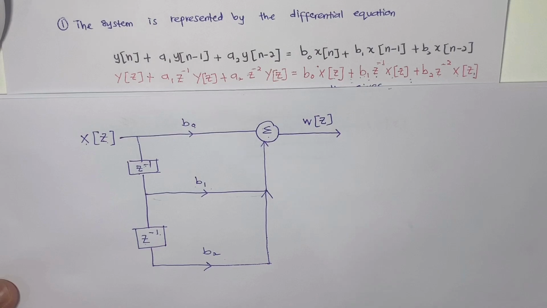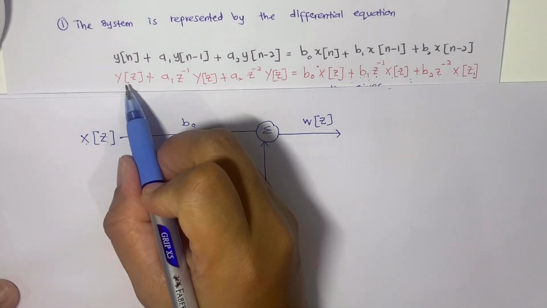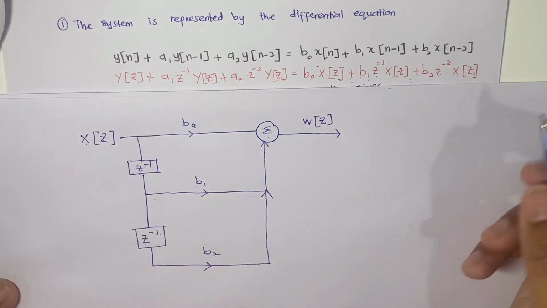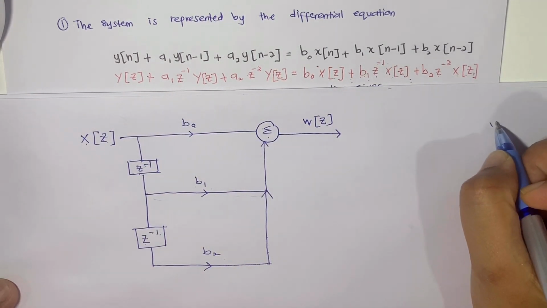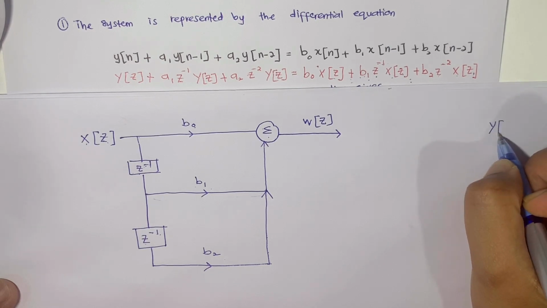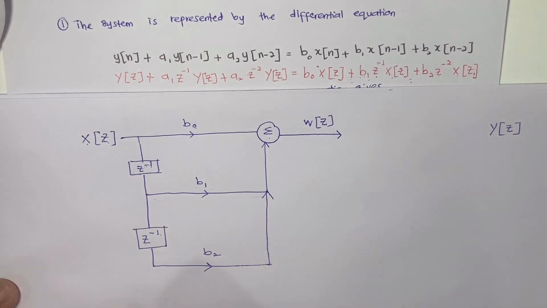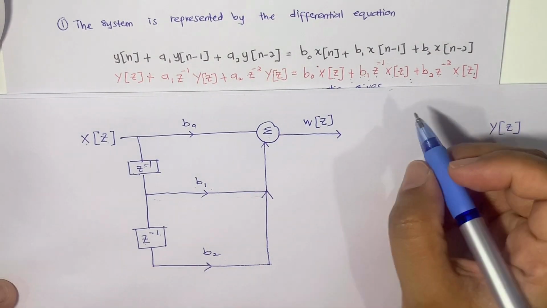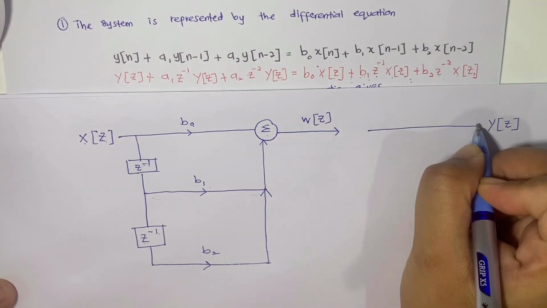Now we have the Y(z) part. This is Y(z) only. So Y(z) times 1. We know that Y(z) is the output, so the arrow goes like this.